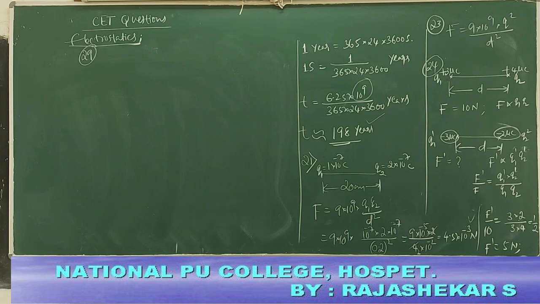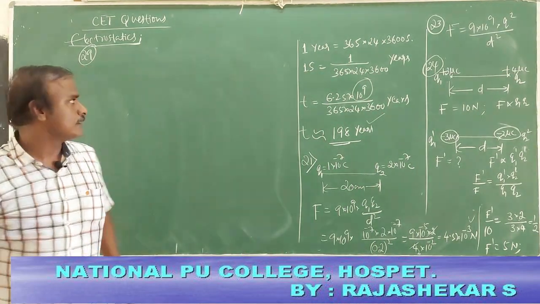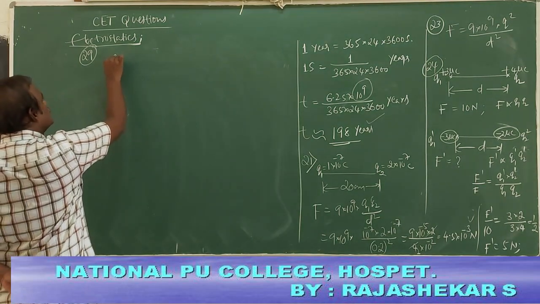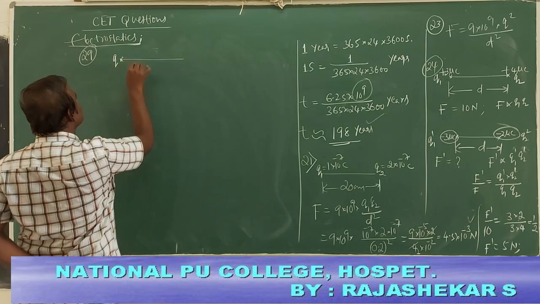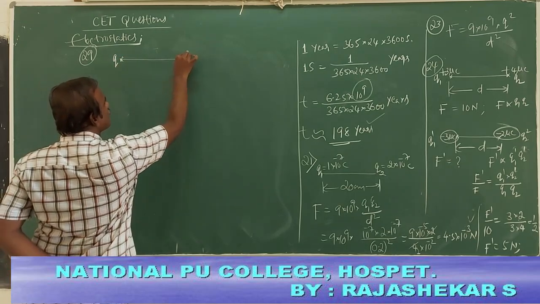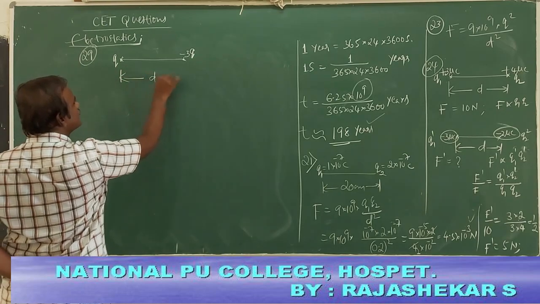Where should a third charge 2Q be placed from A such that it will not experience any force? Q and minus 3Q are initially given. Let the distance between them be d.